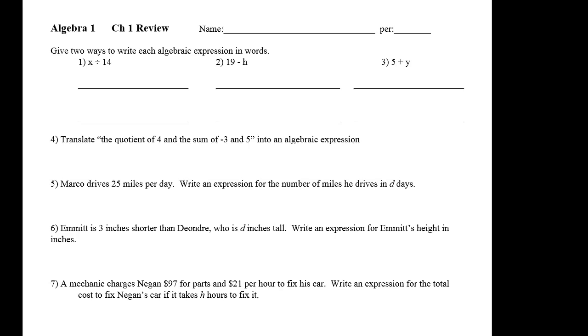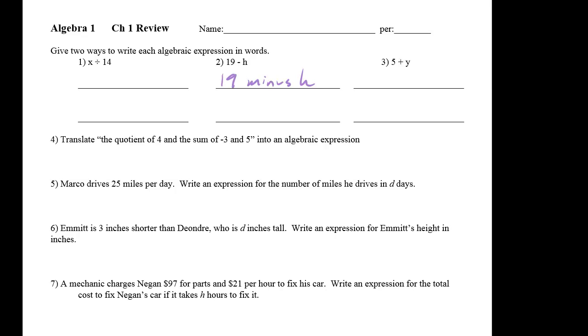Okay, so we want to write 2 different ways for each one of these things. Would you like to do 1, 2, or 3? All right, sounds good. What's one way we can say this in words? Perfect. That's exactly what I would do too. Just as straightforward as you can get.